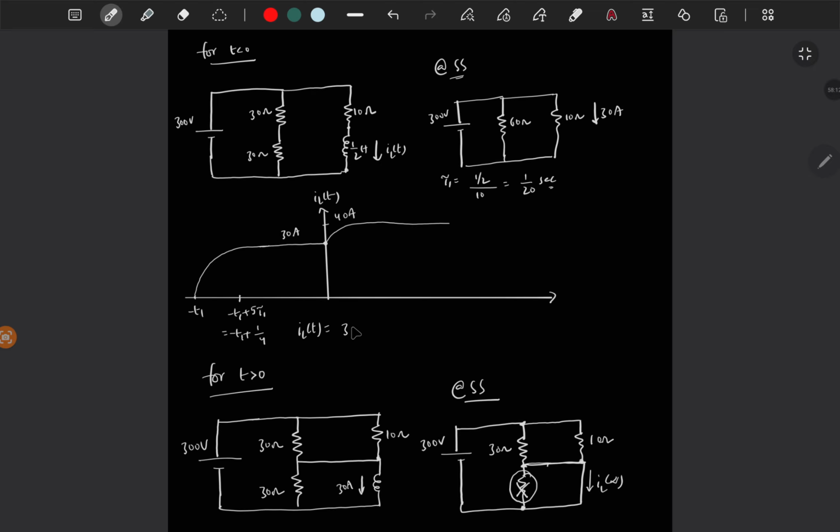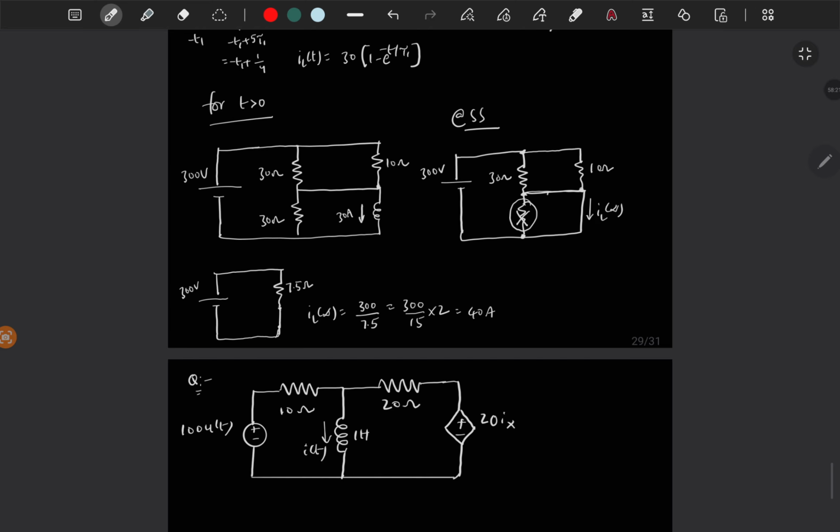So for this part this is 30 times 1 minus e power minus t by tau 1. Okay, we did not find tau to write. So what is the time constant of this circuit? So if you want to find the equivalent resistance across these two inductor terminals, then short circuit this one. Okay, let's find that.